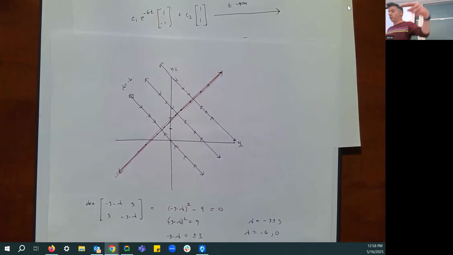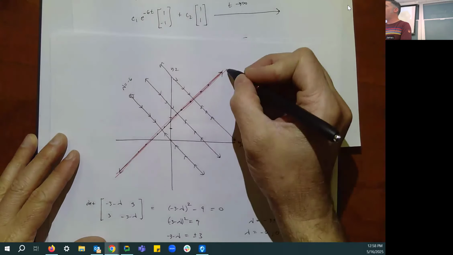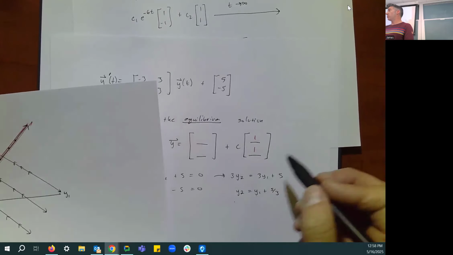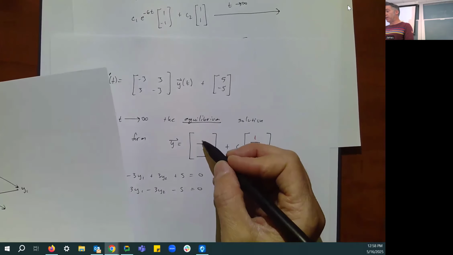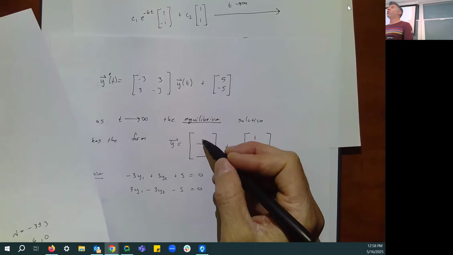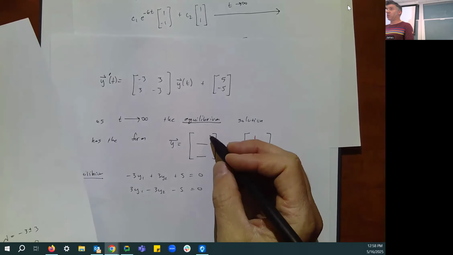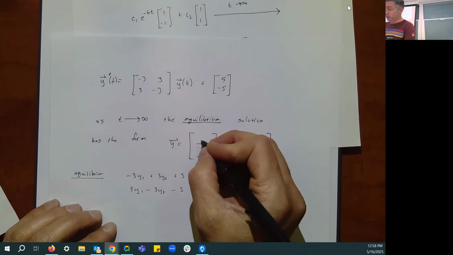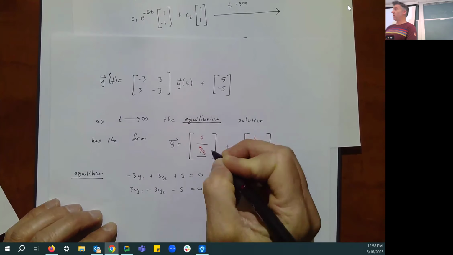That's what we tend towards if we let things go on forever. We end up somewhere on this line. So this is giving us the movement along the line, and this needs to be some point on the line. I don't know if it needs to be a specific point. I'm going to pick (0, 5/3) because I know that point's on the line.